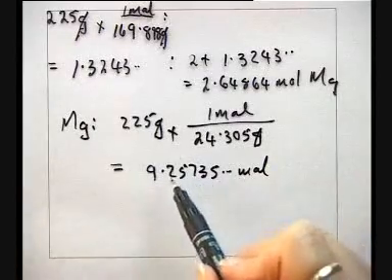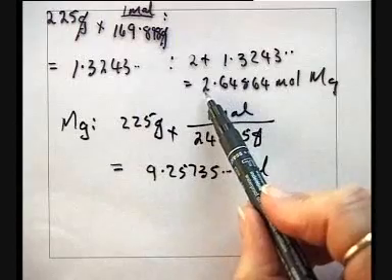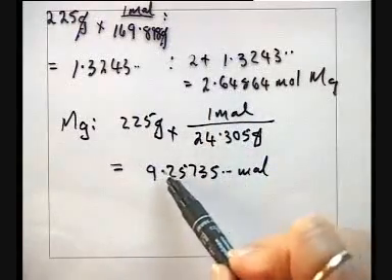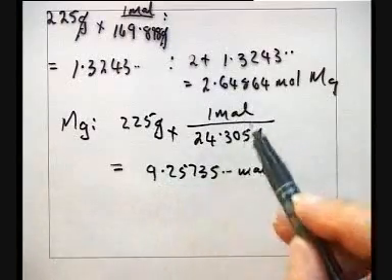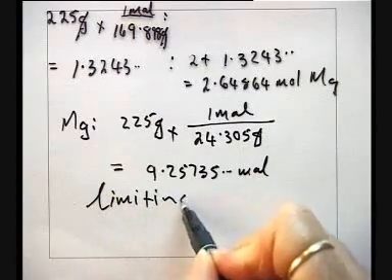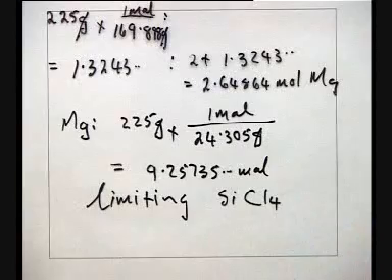So yes, you have got an excess of magnesium because you only need 2.6 and you have got 9.25. So you've got an excess of magnesium, which implies that the limiting reagent is in fact silicon tetrachloride.